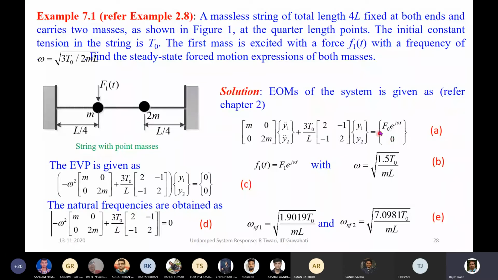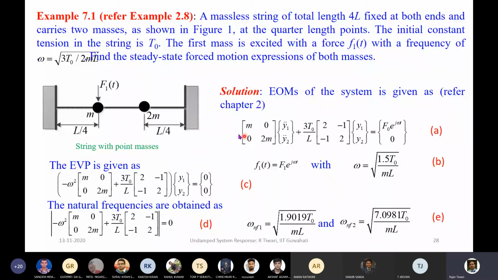Till now we have been ignoring this particular part. Now, because of the force, this also has a non-zero term, and this force is given by this and has this frequency.